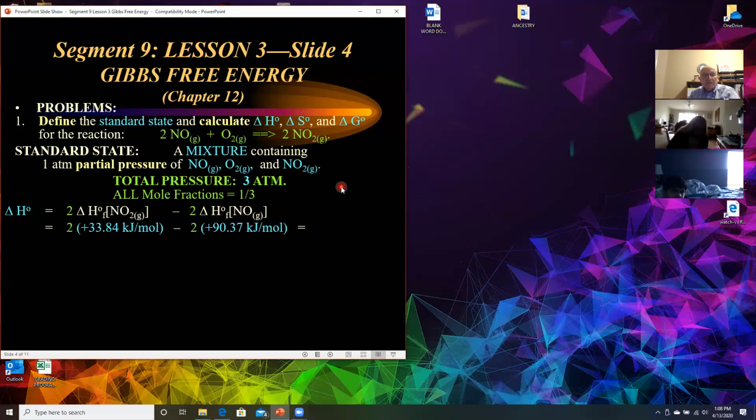It's the standard state. If we do the math that's implied there, we get minus 113.06 kilojoules. That's the delta H for this reaction. We don't need to go in the lab and measure it. We can just go to the back of the book and calculate it.